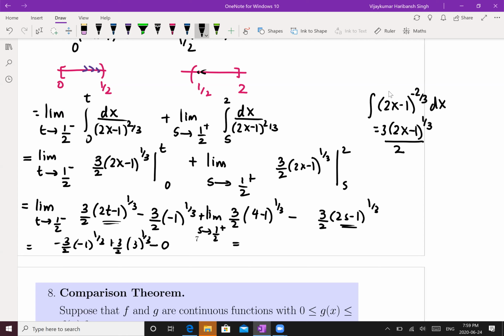So the answer is, minus becomes plus, so 3 by 2 times (1 plus 3 to the power 1 by 3), and this is your answer. So it is convergent. Not only is it convergent, you know the value of this integral as well.